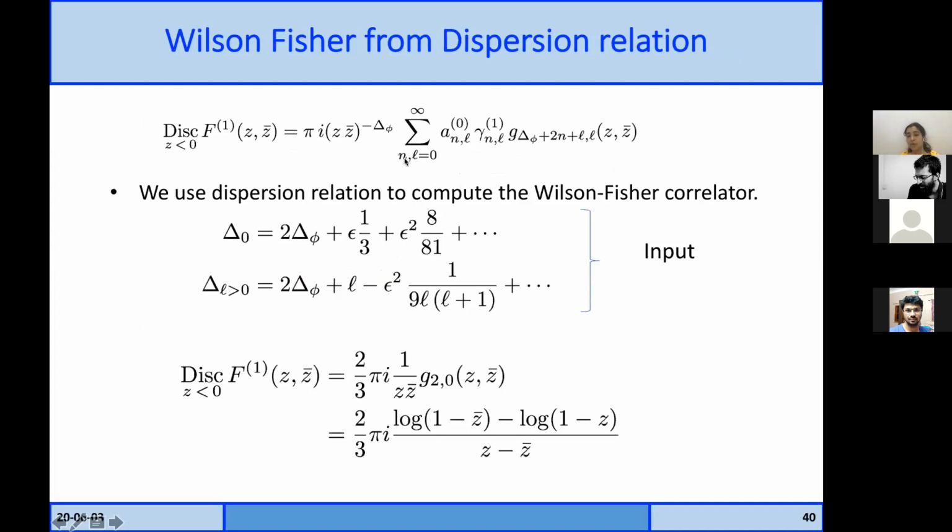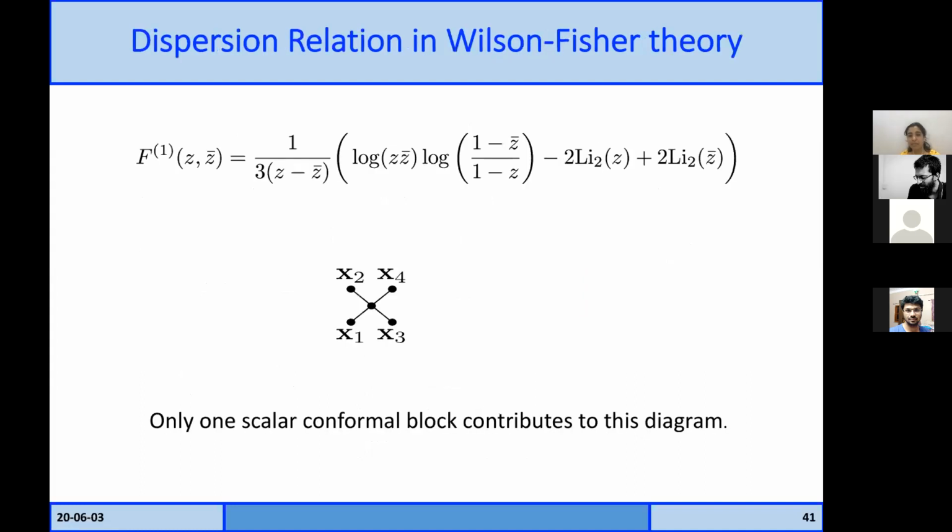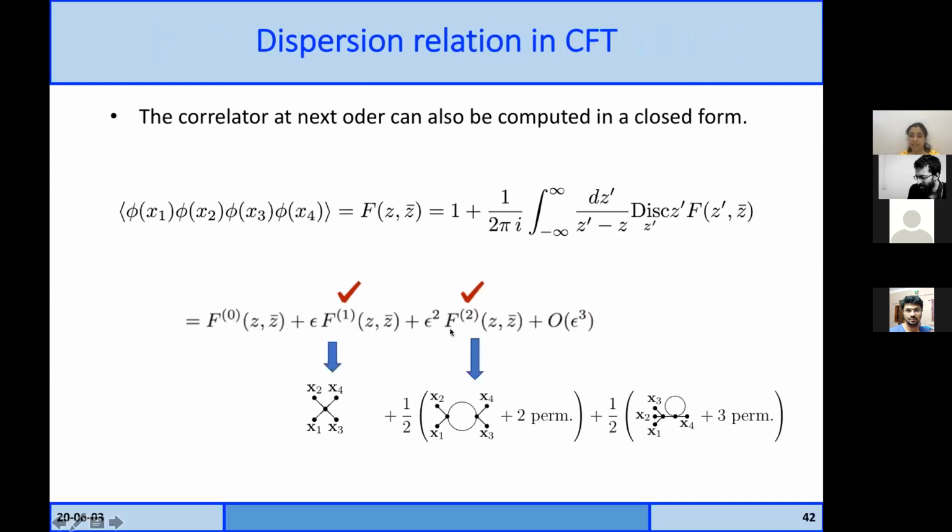This is the input in Wilson-Fisher theory, and up to order epsilon square, only n equals 0 contributes. So you can repeat the same steps and end up getting the closed form expression of this correlator. I have not written the explicit form, but this is what you get, and it computes the correlator.